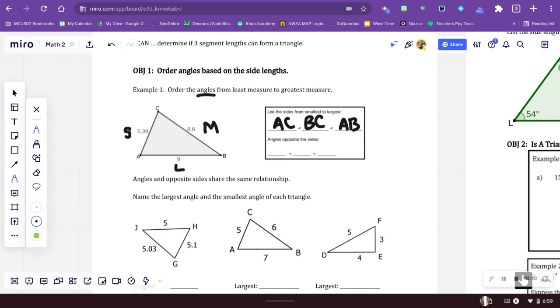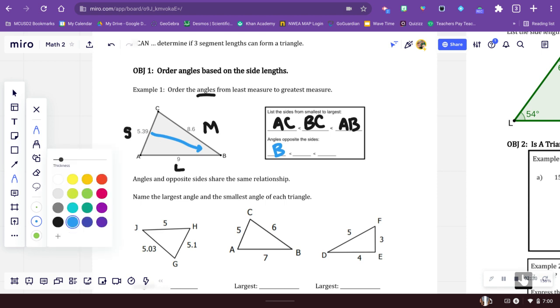And so the relationship is that the angle across from that side is going to have the same relationship. So the smallest side, if I draw a line going opposite of that smallest side, I hit angle B. And so angle B is the smallest.